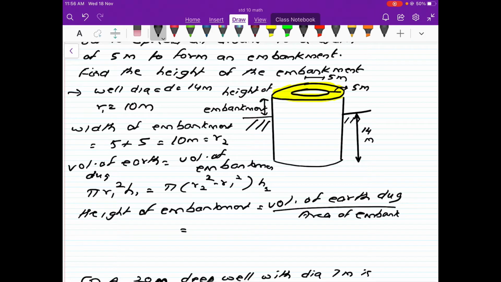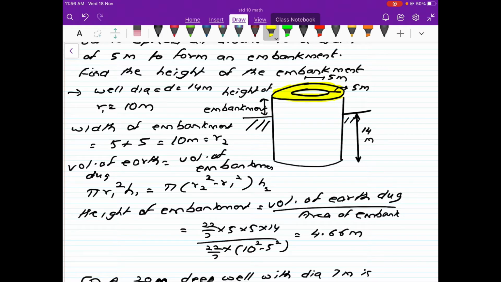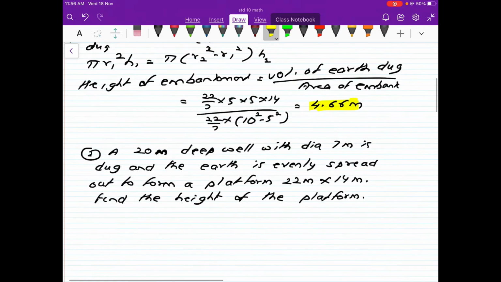So this we can do as 22 by 7 into 5 into 5 into 14 upon the area of the embankment, which is 22 by 7, remember it's a circular ring, so 10 square minus 7 square. When you find this, we get the height of the embankment as 4.66 meters. So that's your answer. Simply you have to equate the volume.